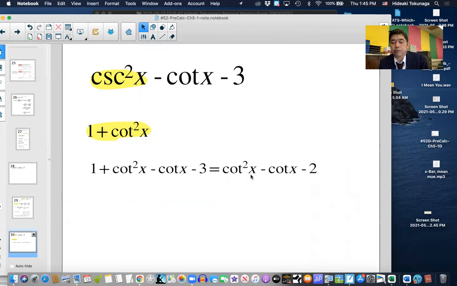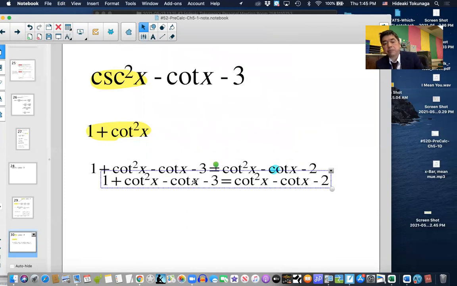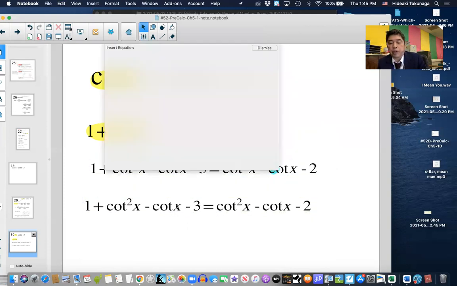In our class, I will rewrite cotangent x as a big letter M and rewrite the question.